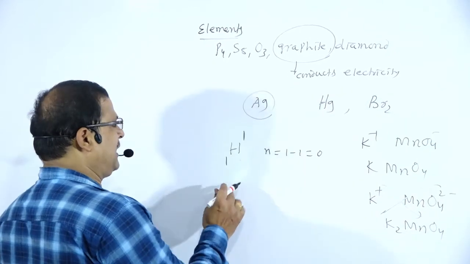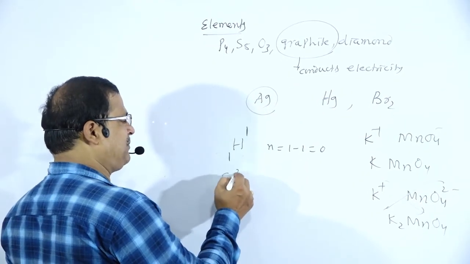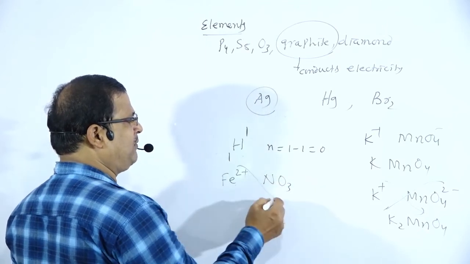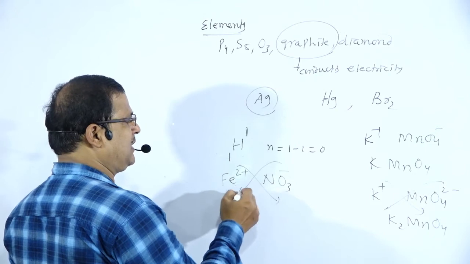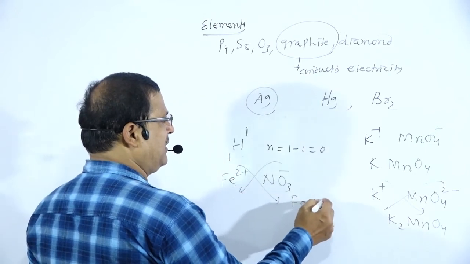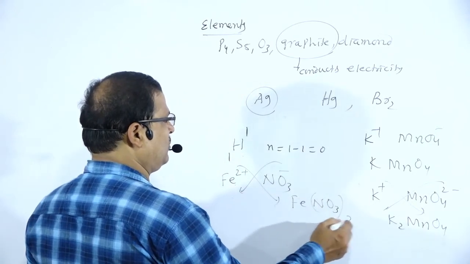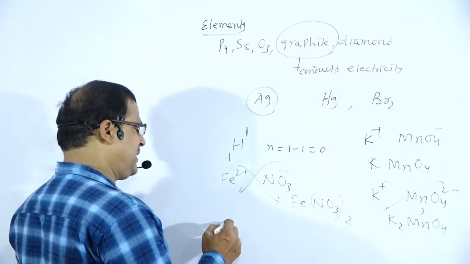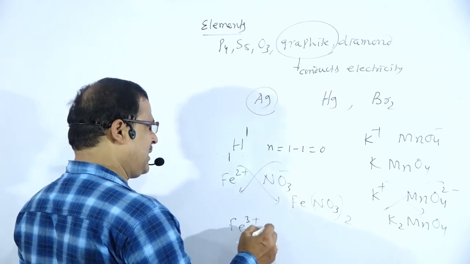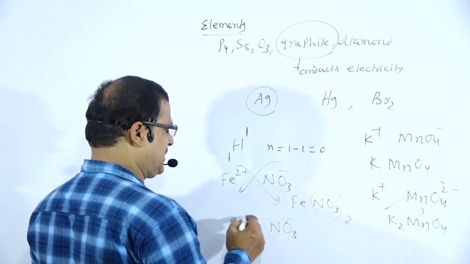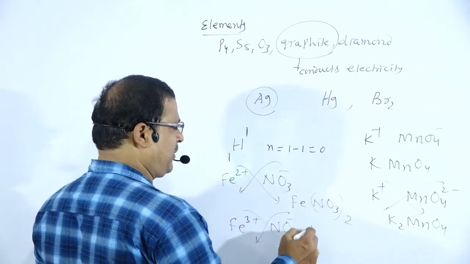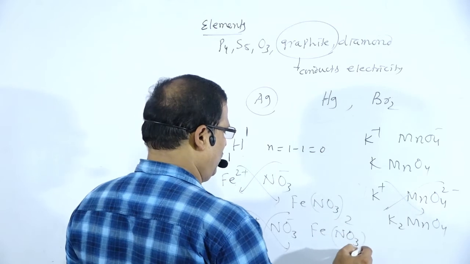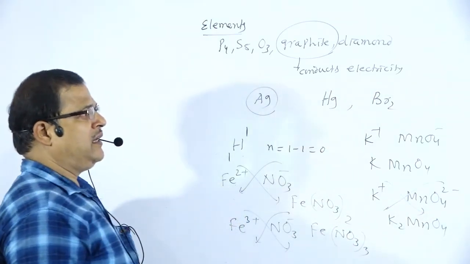Or take ferrous, Fe2 plus, nitrate NO3 minus, 2 will be multiplied, Fe(NO3)2. Ferric, Fe3 plus, nitrate NO3 minus, 3 will be multiplied, so the formula will be Fe(NO3)3, that is ferric nitrate.